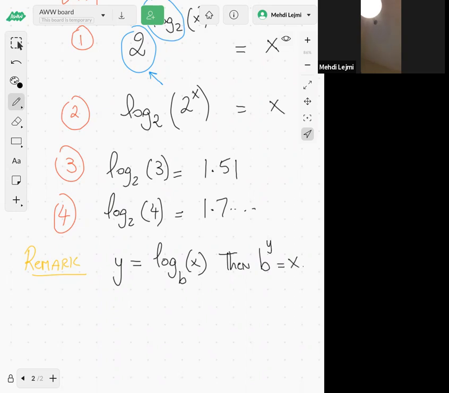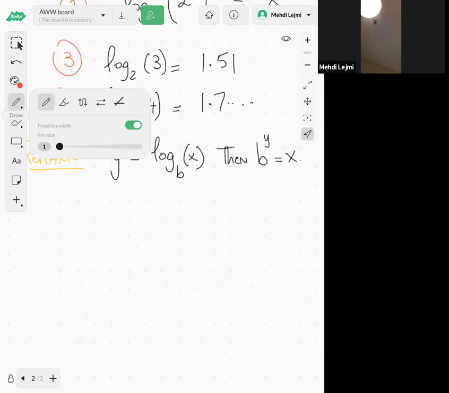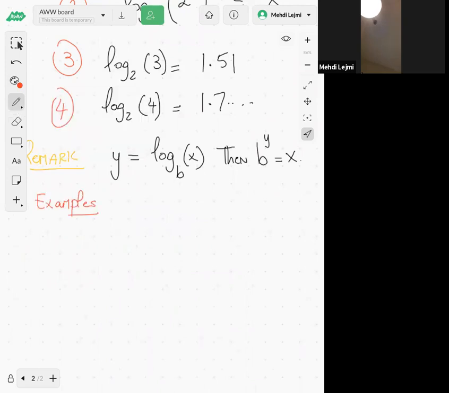So for example, examples. Let's say you want to solve for x.